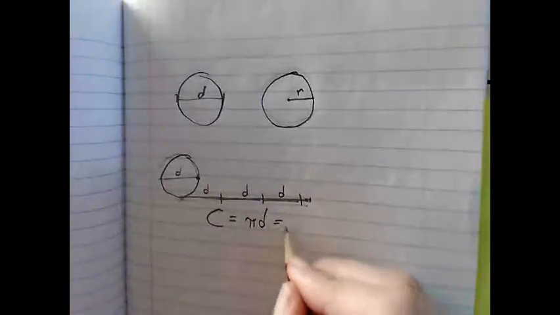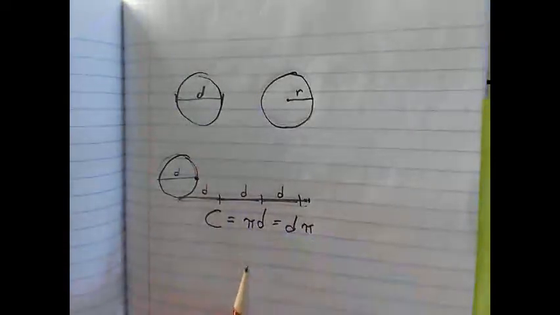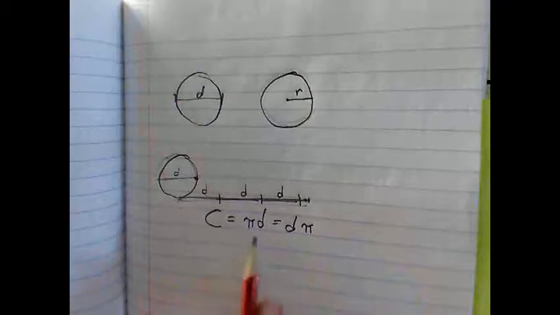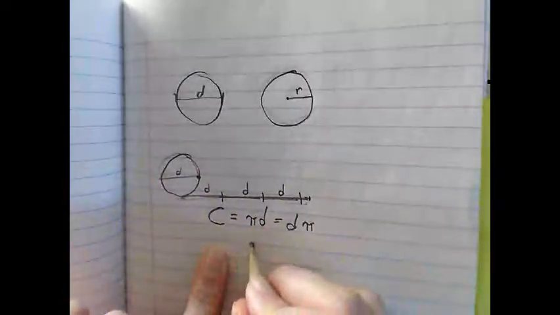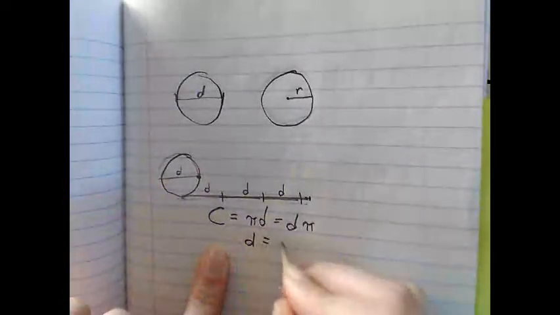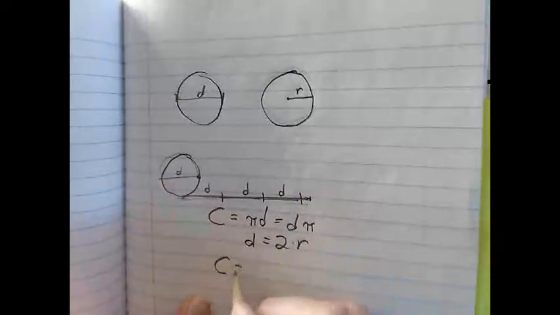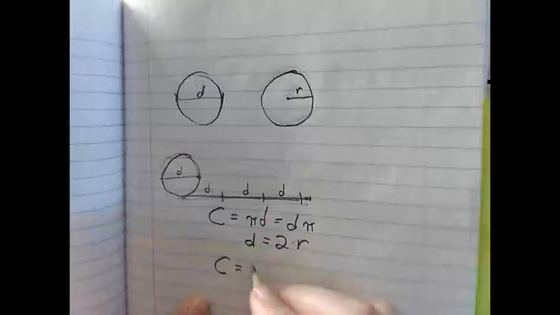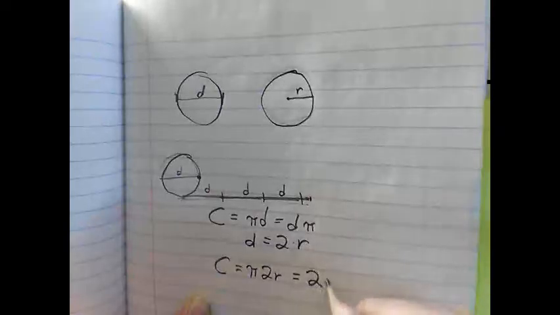And of course, sometimes they might write it like this. Two different ways. Again, it's commutative, so you can switch it around. And the other way of doing it, because now I know that diameter equals 2 times r, I could also write this as circumference equals pi times 2r, or as I usually write it, 2 pi r.